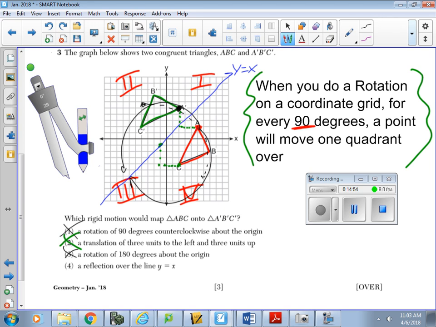So that does make sense, because if I take A and count up and over, up 3 over 3, and if I take B and count from this point, 1, 2, 3, 4, 5, 6, 7, 8, 9, 1, 2, 3, 4, 5, 6, 7, 8, 9, okay? It all works. That's the rigid motion that was done: a reflection over the line y equals x.